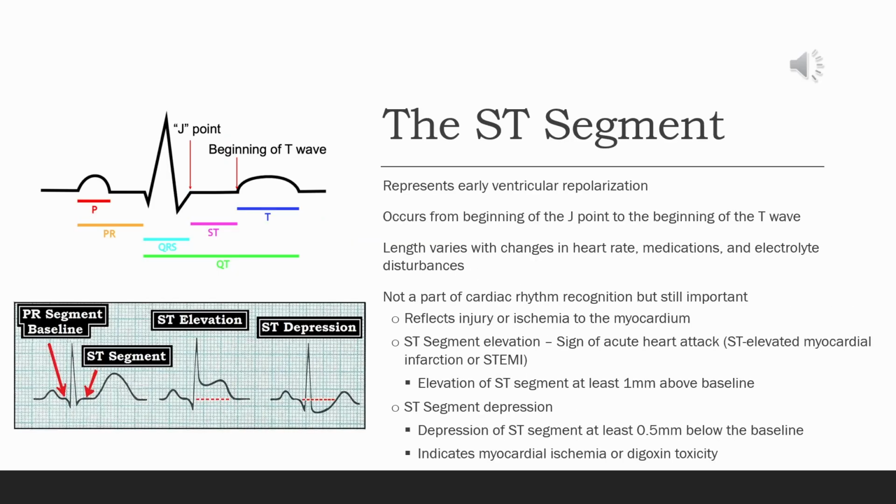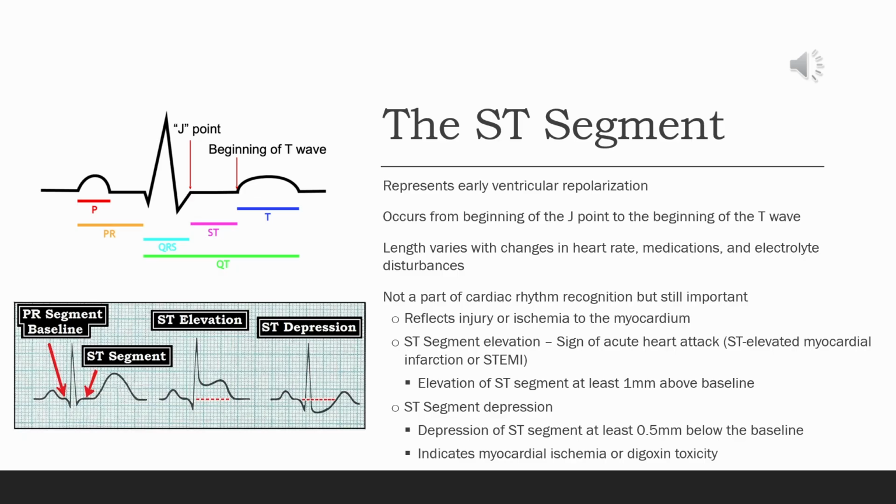All right, so now let's discuss the ST segment, which is a very important ECG component that reflects early ventricular repolarization, or the initial phase of the ventricles resetting after contraction. So what is the ST segment? The ST segment begins at the J point, which is where the QRS complex ends, and extends to the beginning of the T wave.